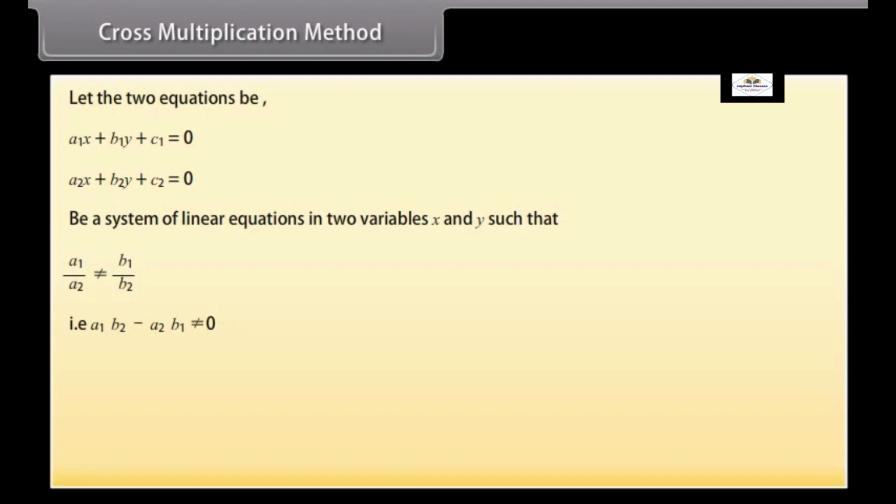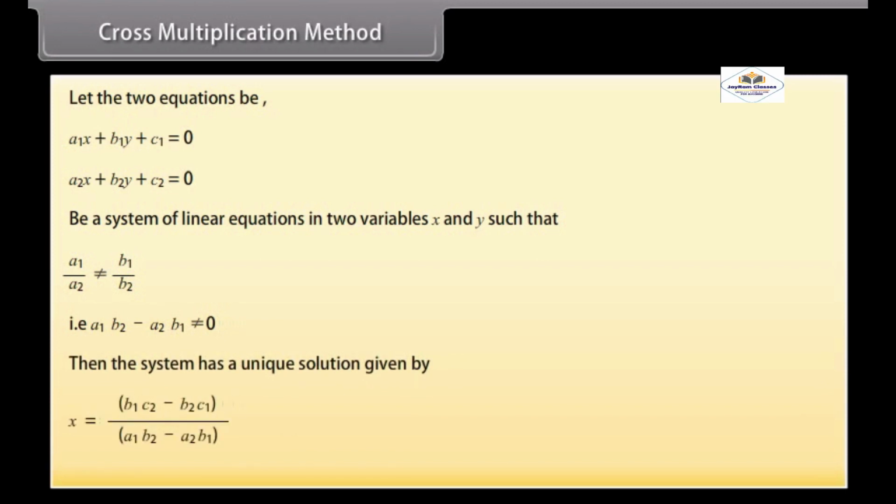That is, a1b2 minus a2b1 is not equal to 0. Then the system has a unique solution given by x is equal to b1c2 minus b2c1 whole upon a1b2 minus a2b1 and y is equal to c1a2 minus c2a1 whole upon a1b2 minus a2b1.